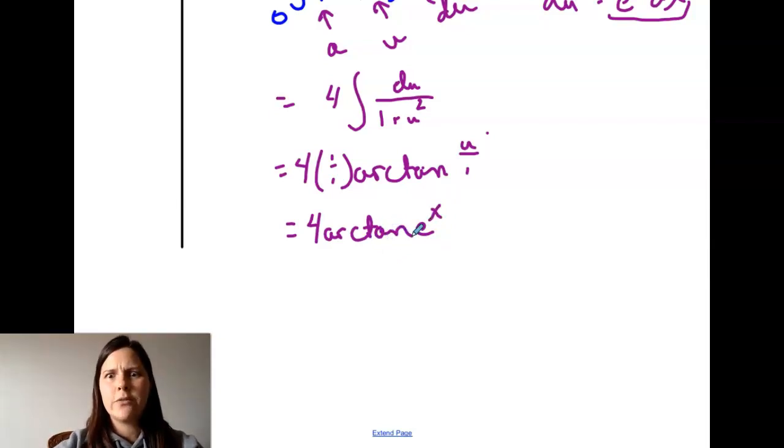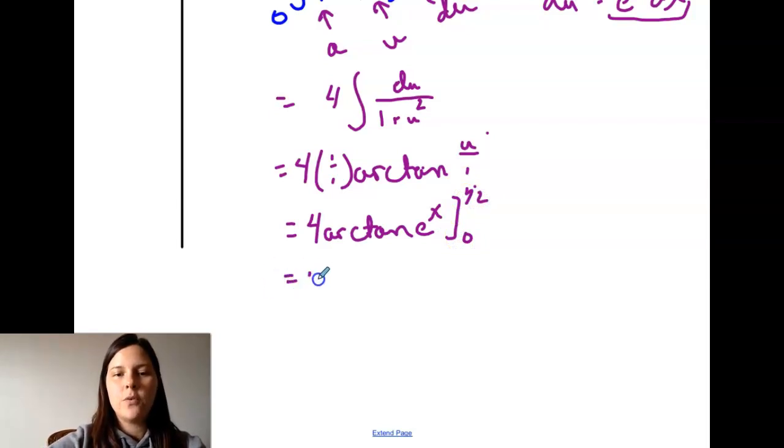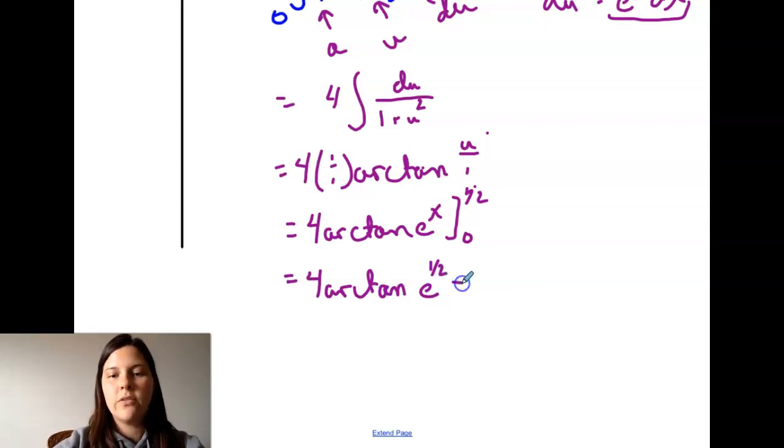I think I write too fast for my tablet. All right, and then 0 and 1/2 were our bounds. Subbing those in, we get 4 times the arctan of e to the 1/2, or the square root of e, minus 4 times the arctan of e to the 0.